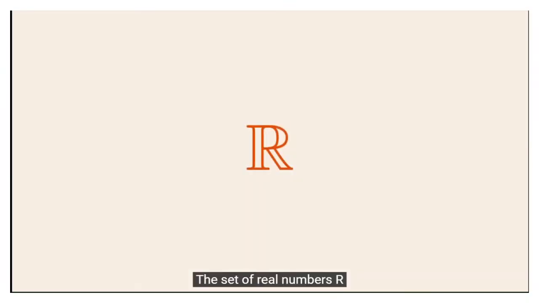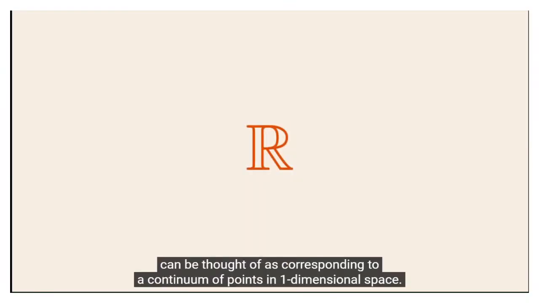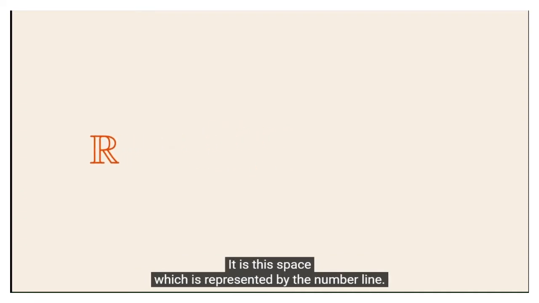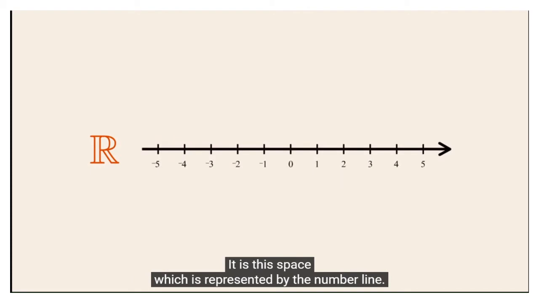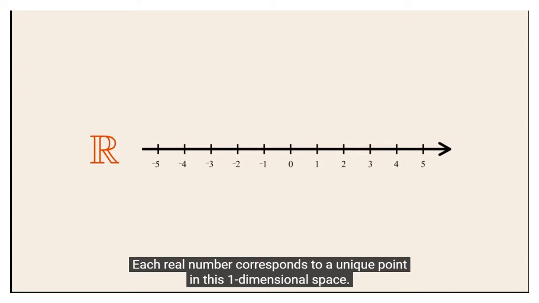The set of real numbers R can be thought of as corresponding to a continuum of points in one-dimensional space. It is this space which is represented by the number line. Each real number corresponds to a unique point in this one-dimensional space.